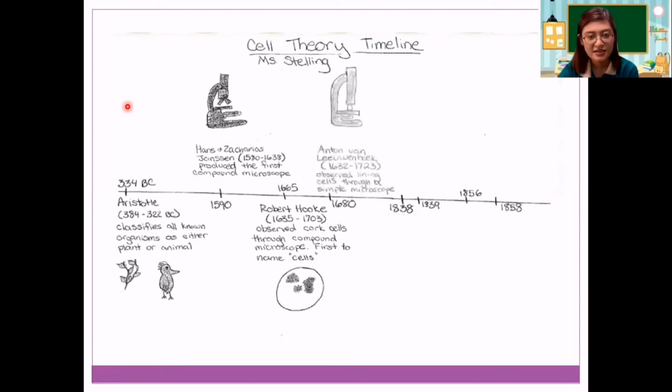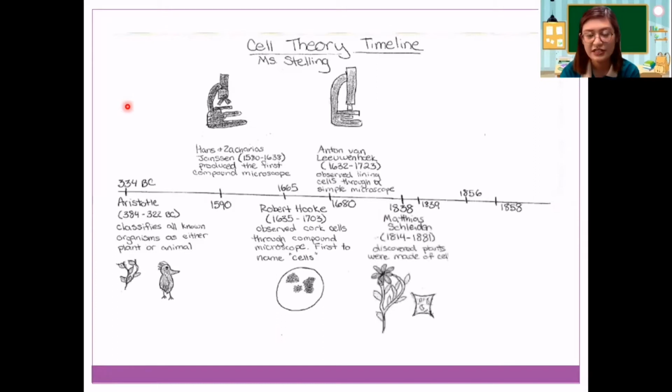By 1680, Anton van Leeuwenhoek observed the lining of cells through a simple microscope. Then by 1838, Matthias Schleiden discovered plants were actually made up of cells.